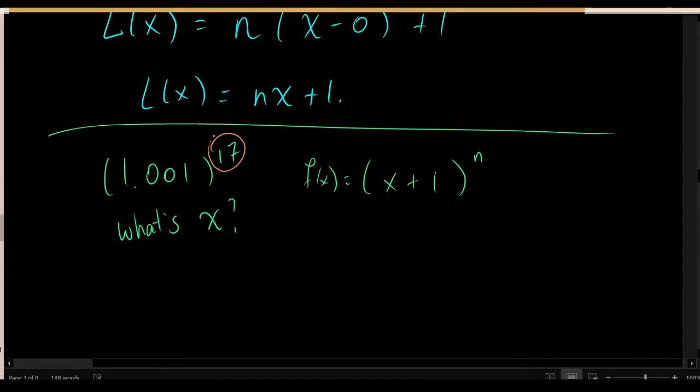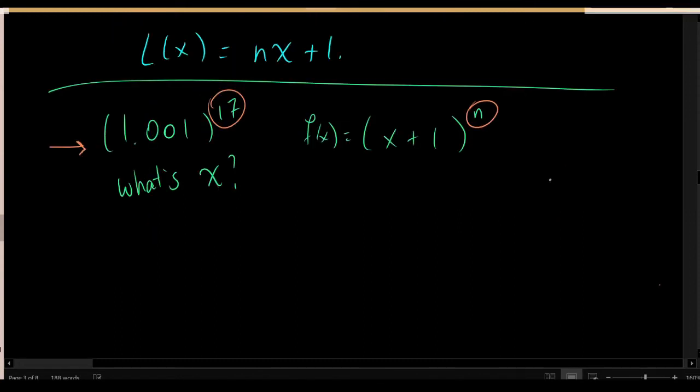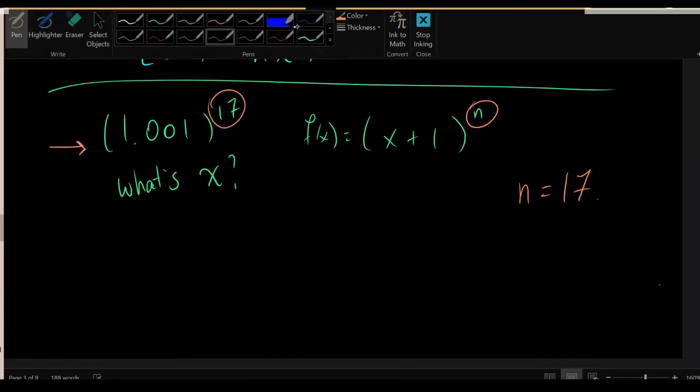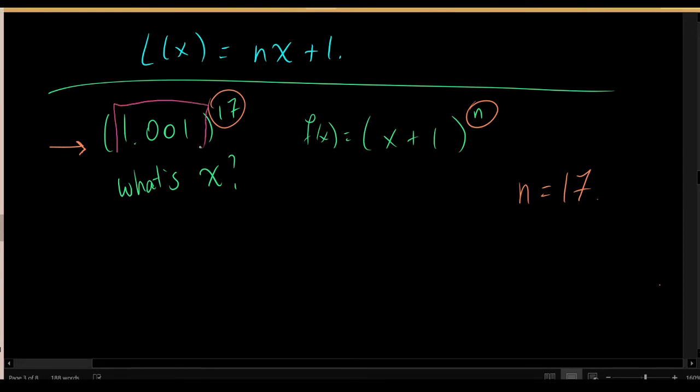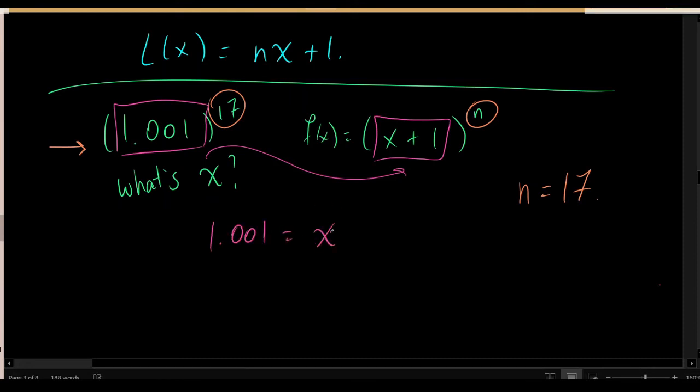Now, by comparing the exponents, I can see that in this particular expression on the left-hand side, n must be equal to 17. But now let's try and figure out what x is equal to by looking at the bases. If I compare 1.001 to x plus 1, then that would imply that x is equal to 0.001.